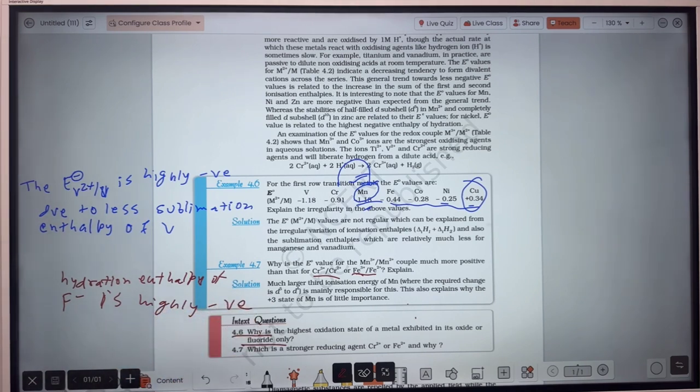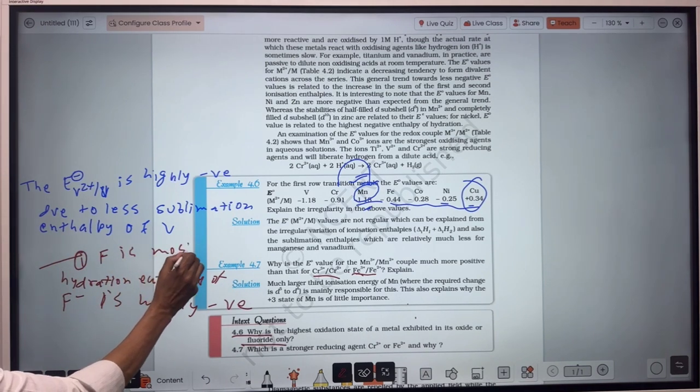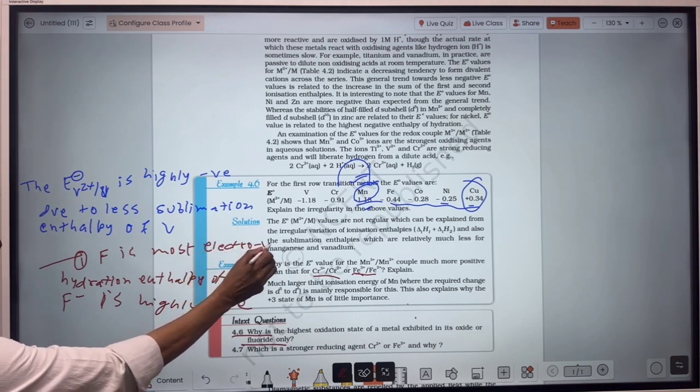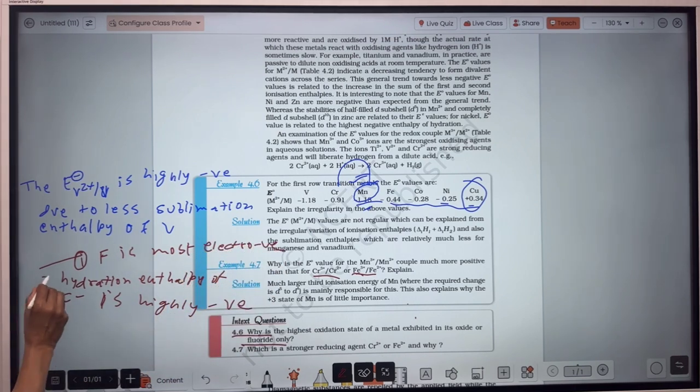First, fluorine is the most electronegative, and second, the hydration enthalpy of F minus is highly negative.